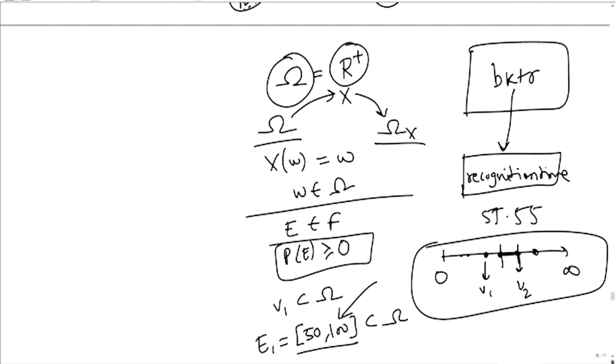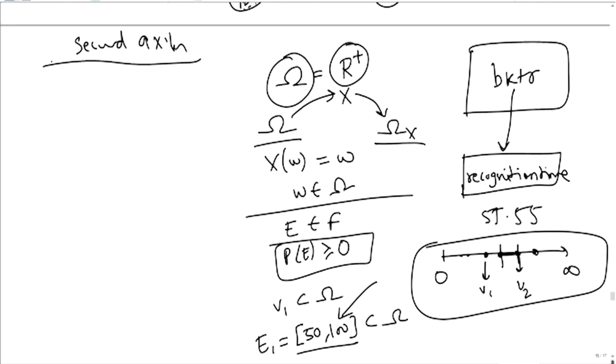So these are two kinds of events that you can think of for a continuous sample space. One type of event is points on this real number line, another kind of event is intervals on this real number line.